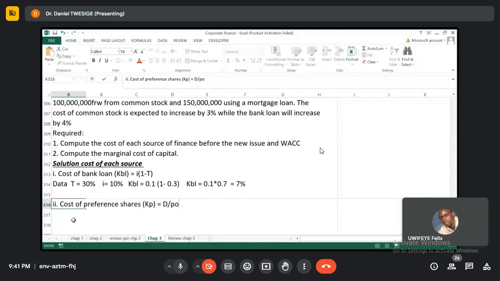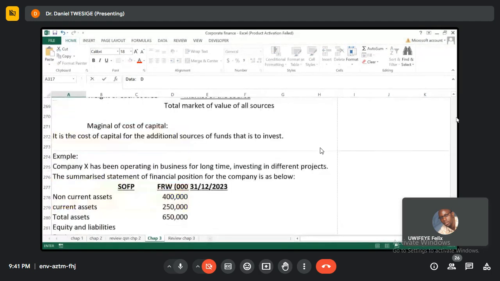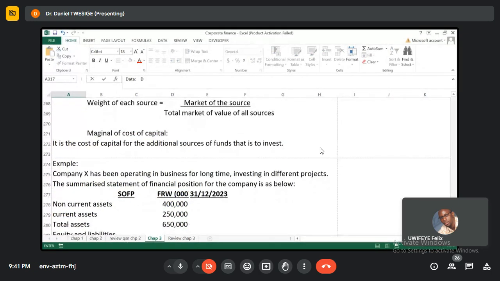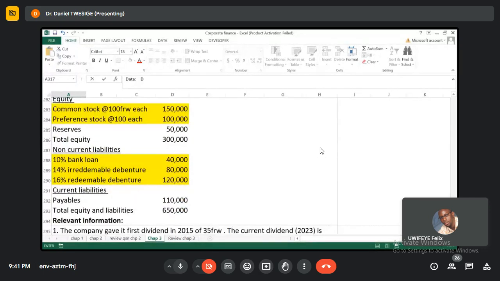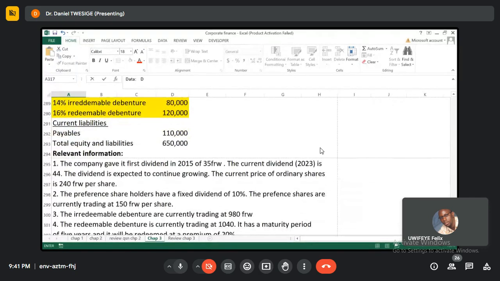Now, do I have the data to feed this formula? The data I need is the dividend. In the question, I was not given the dividend up here, but if I go down to information number 2, I was given the dividend rate, which is 10%.